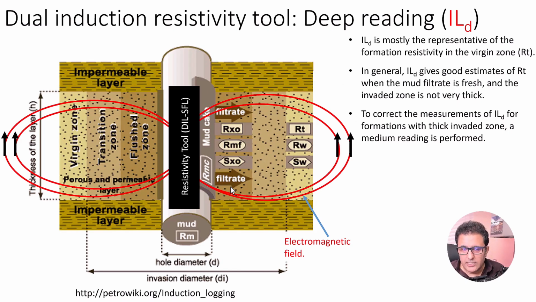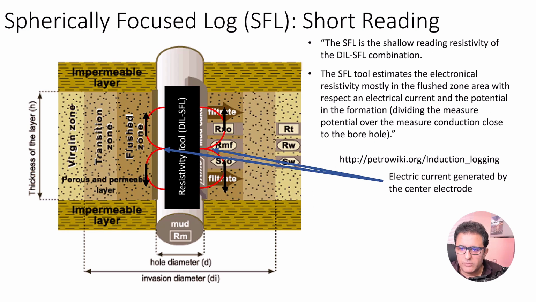So in order to estimate the resistivity of formation in the virgin zone, we have to have deep reading. And so we use dual induction log, and the deep reading is indicated by RID in this lecture. So something that I forgot to mention, the reading that is provided by spherically focused log, we indicated by RSFL. Okay, so RSFL is the resistivity that is provided by spherically focused log.